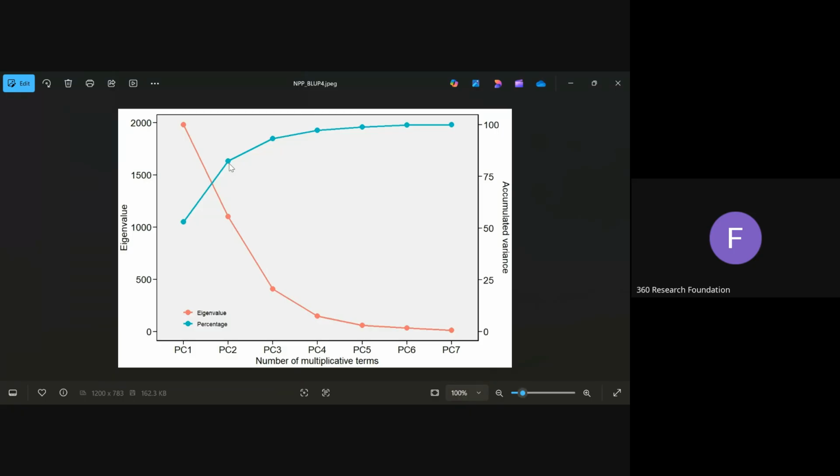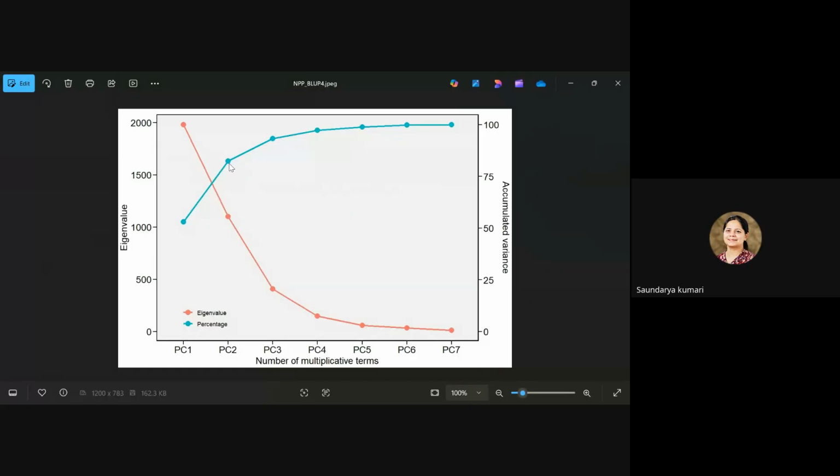The first two principal components explain the majority of the variation. After PC3, the variation becomes negligible. So the first two or three components are enough to understand the G into E interaction clearly. No need to go for all 7.